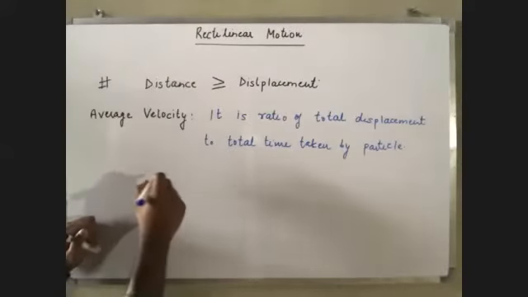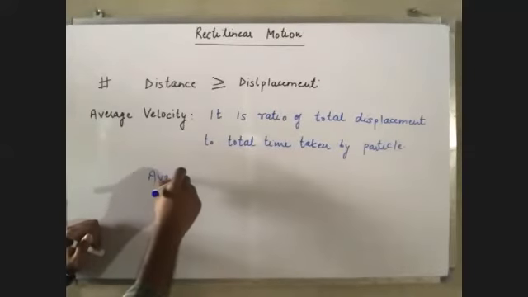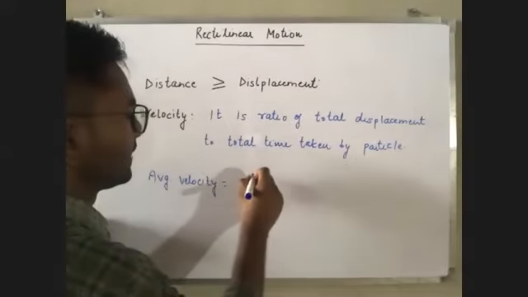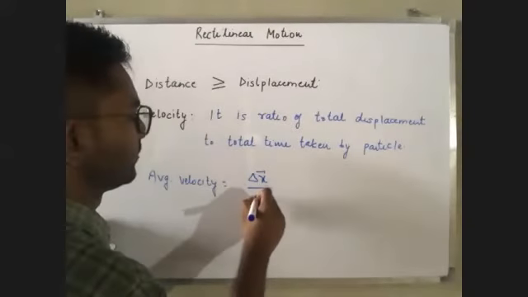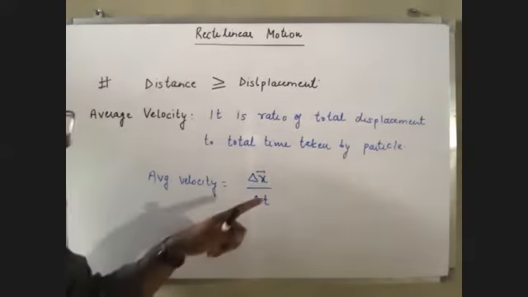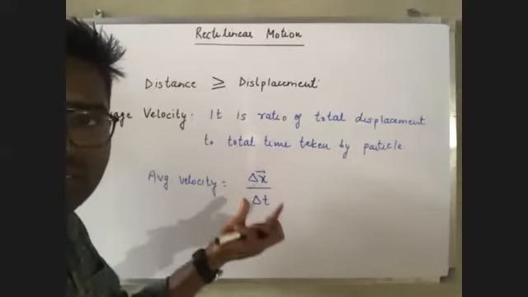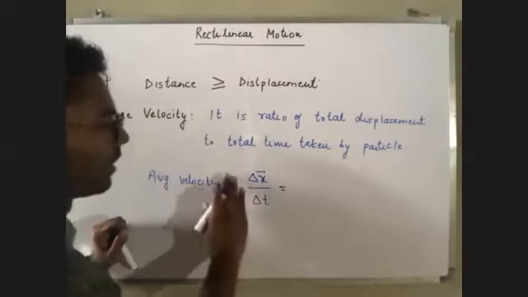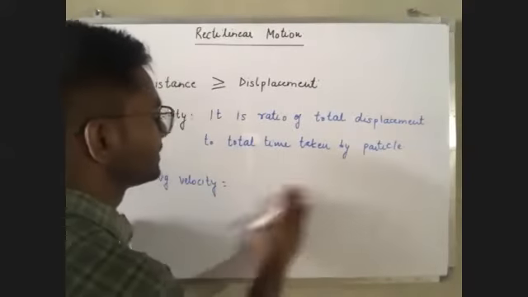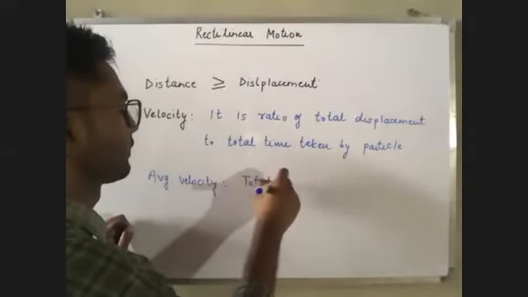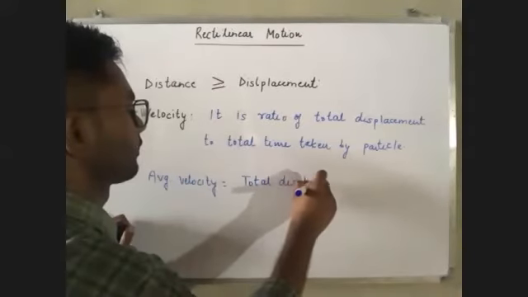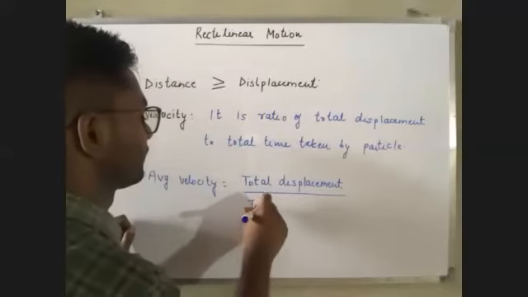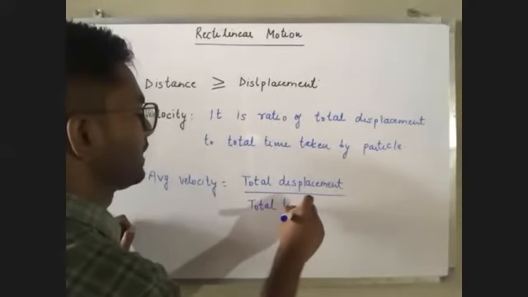So can I say that average velocity is total displacement divided by total time taken?